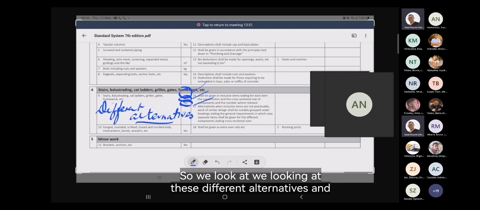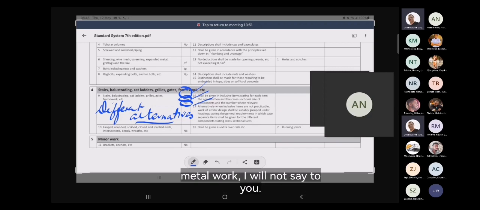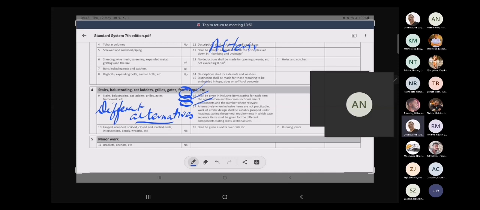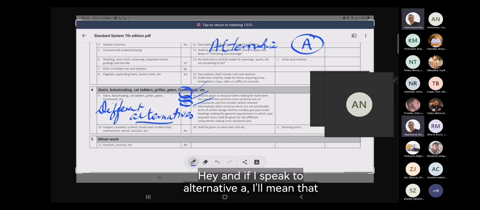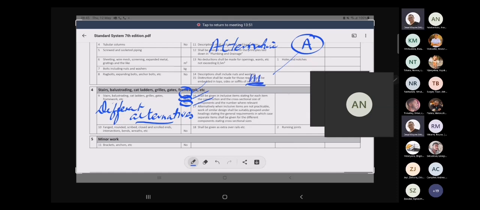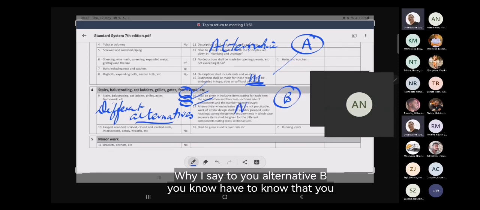And please, when we do have an assessment and we deal with metalwork, I will say to you that you need to look at alternative A. If I speak to alternative A, I will mean that you will now have to measure everything in meters. Or I say to you alternative B, you have to know that you have to measure that in number.